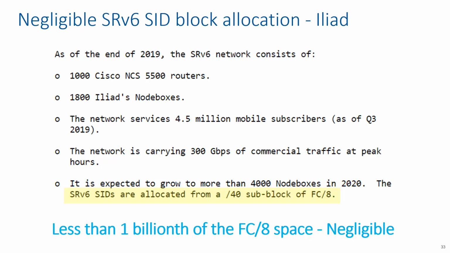So everybody can use FC/8. They use it, obviously. And to do SRv6 across the different networks, they only use 1/billionth of the FC/8. So absolutely negligible. And we thank Sébastien for sharing this information that allows everybody to see that SRv6 SID block allocation is completely not using any important address space.